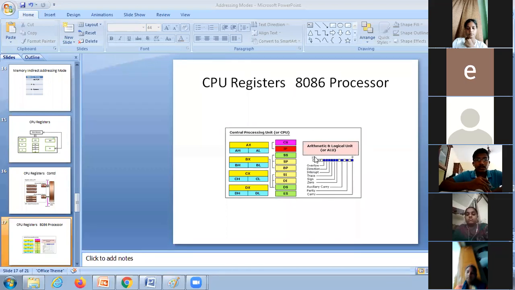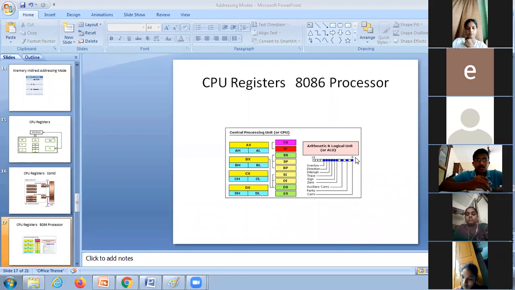This register is to be accessed whenever you use a conditional statement, whether it is a while statement, a for statement, an if statement, or a switch statement.